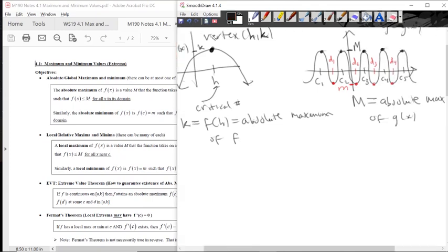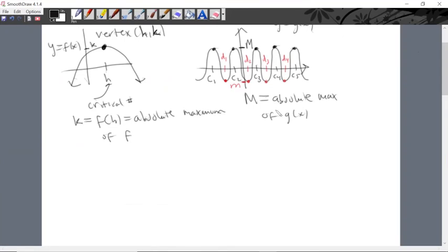All right, so we said the absolute maximum is equal to M here. Then I have that all of the c sub i are critical numbers. They're all critical numbers of the function. Those are all critical numbers of f. So the i is an index. It's a sequence of values.